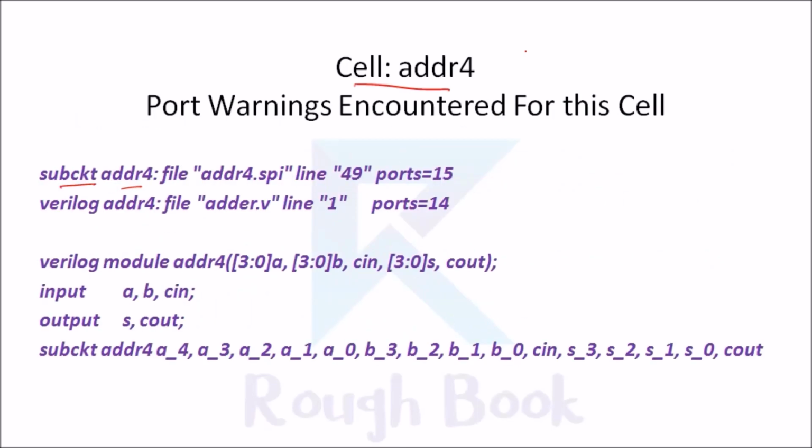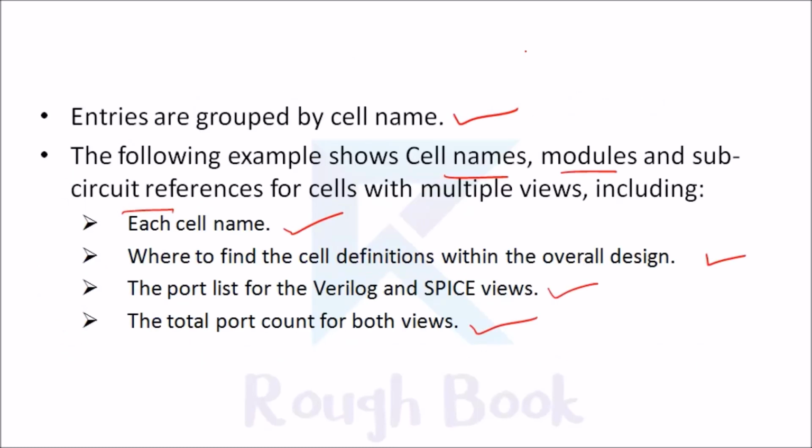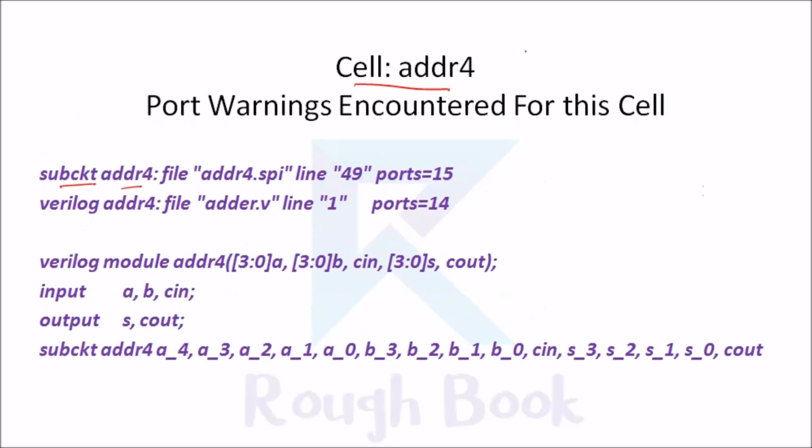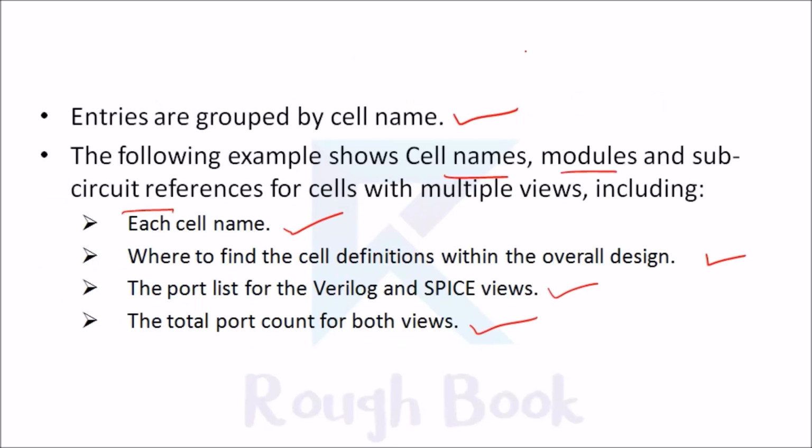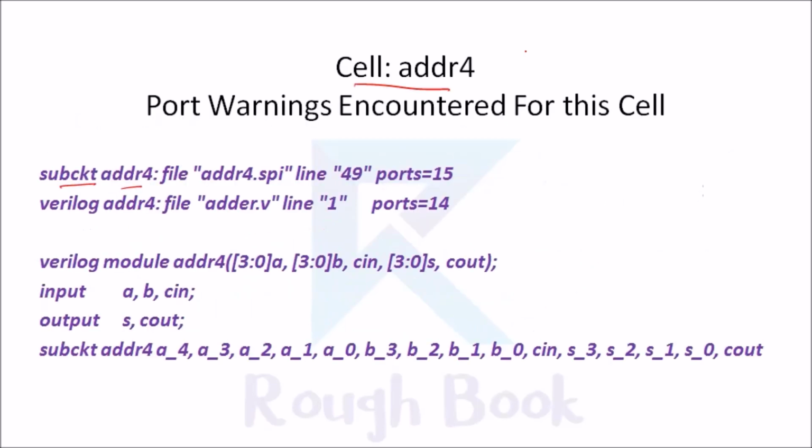It specifies the line number in the Verilog and SPICE file. You can see the port list of the Verilog and SPICE views, and the total port count for both views. For SPICE it's 15 and for Verilog it's 14.